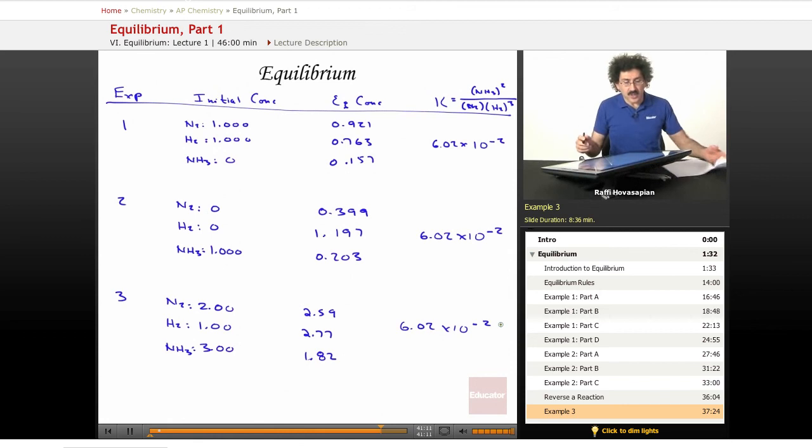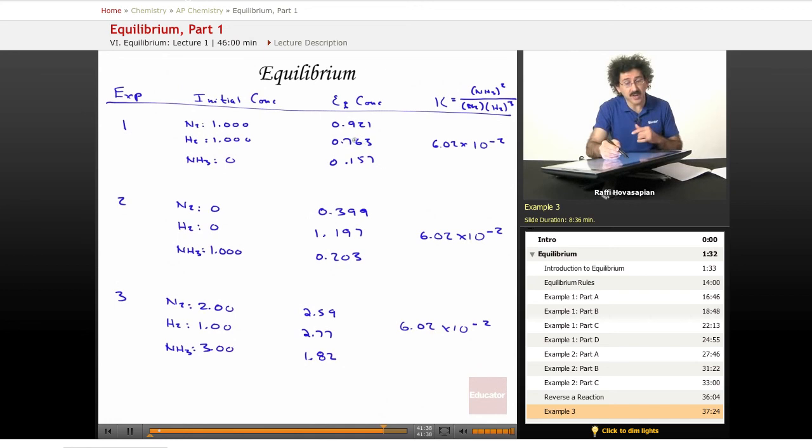Okay, so here's what's going on. We did 3 experiments. In the first experiment, we measured initial concentrations. We put in a flask 1 mole per liter of nitrogen gas, 1 mole per liter of hydrogen gas, and no ammonia. We let the system come to equilibrium. Once it reached equilibrium, once we realized that these values are not changing, everything is constant, we measured them.